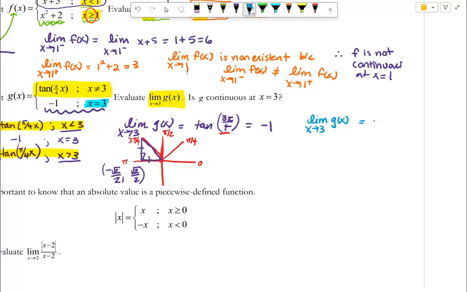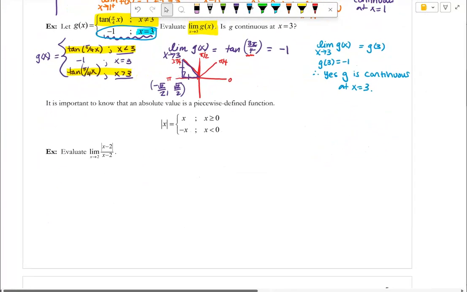But that must also equal G of 3, which from the piecewise we can tell it does, because we know from our piecewise that G of 3 is equal to -1. So because those statements are true, we could say that yes, G is continuous at x equals 3.